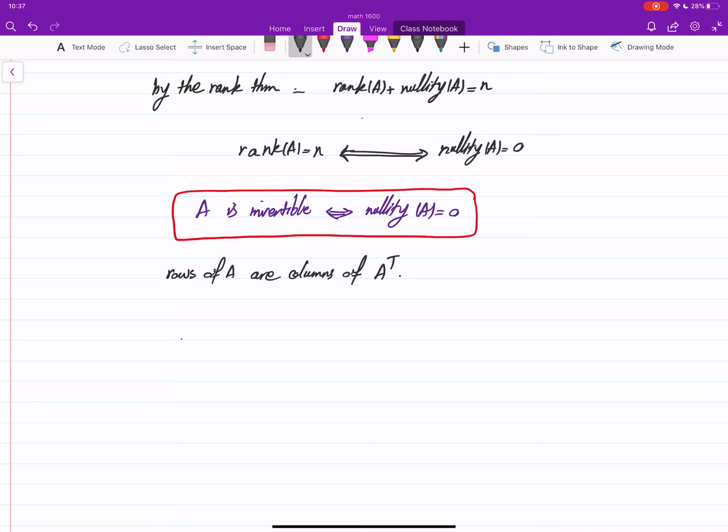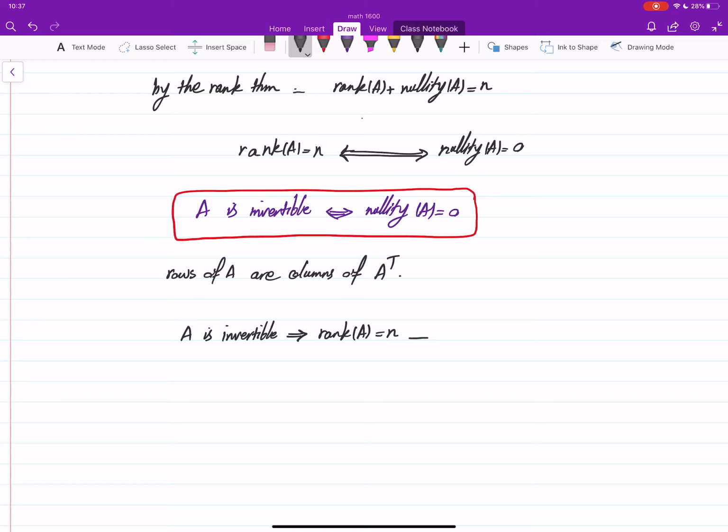So if A is invertible, then we know that the rank of A is n.